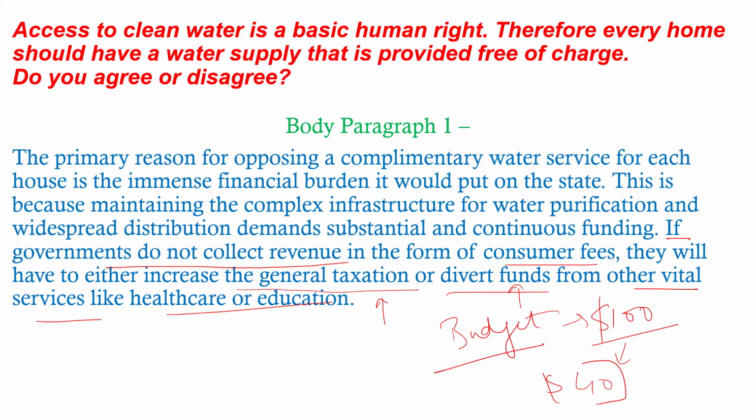Out of those 100, if previously you wanted to give $20 to education, $40 to healthcare, and $40 to your armed forces, things like that, or the road sector or whatever, then from that $100 you have to divert $40, so you will have to cut funding from other essential services.